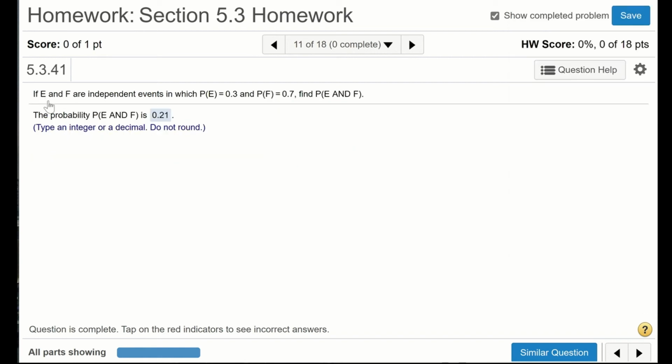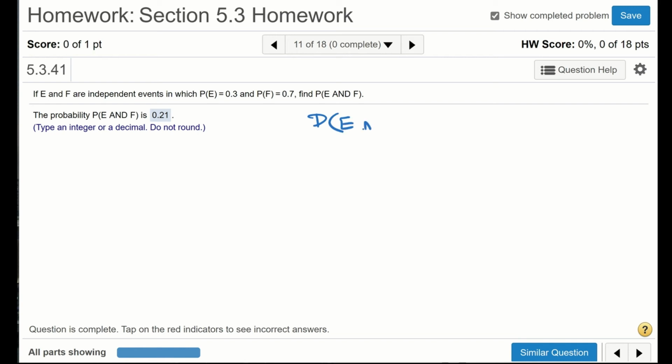All right, so here we have two events, E and F, that are independent. We know the probability of E, we know the probability of F, and we want the probability of E and F. Remember, we do have a formula at this time for probability of E and F as long as the two events are independent. And these two are, so then it's a very simple formula.